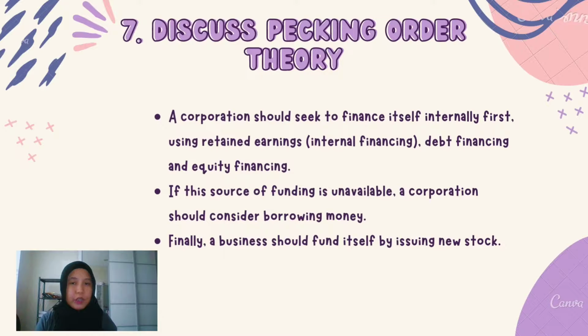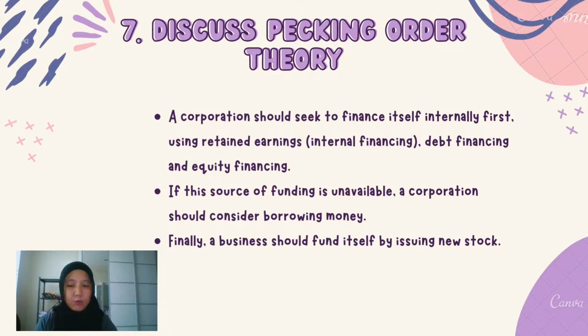The seventh question is to discuss pecking order theory. According to the pecking order theory, a corporation should seek to finance itself internally first, using retained earnings or internal financing, then debt financing, and then equity financing. If this source of funding is unavailable, a corporation should consider borrowing money.